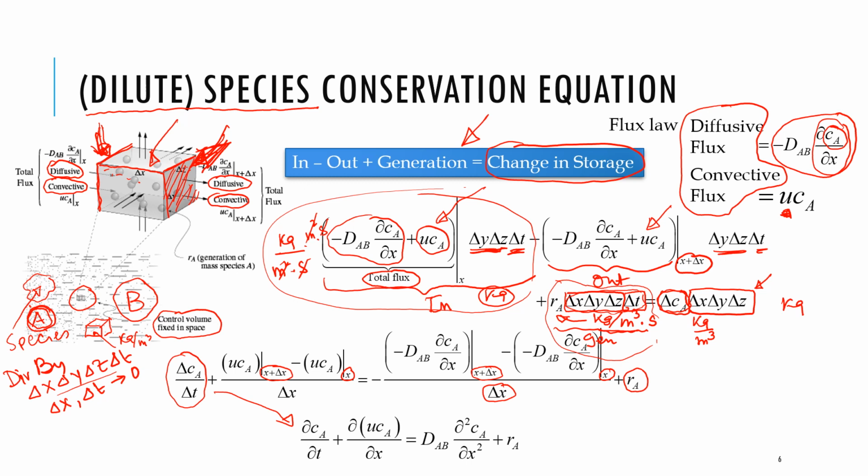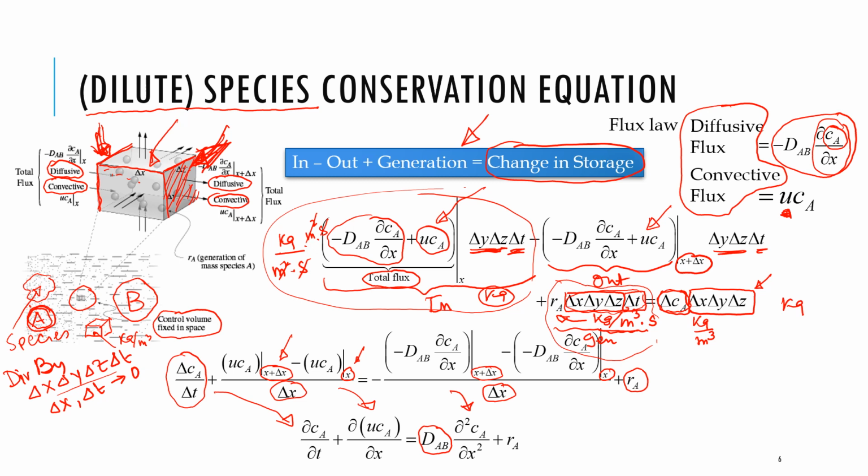The next one, you have something at x plus delta x minus something at x, divided by delta x, with delta x going to 0. That gives you the derivative. Likewise this one, except I did the special thing that I took DAB outside of the derivative. You can only do that if DAB is a constant. That's how we get the second derivative, plus RA.